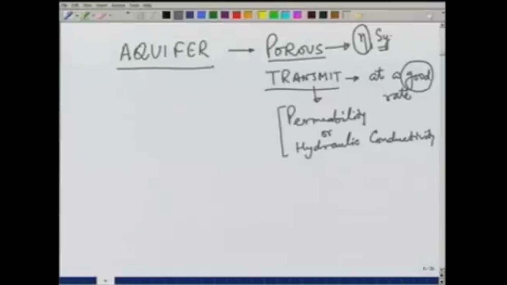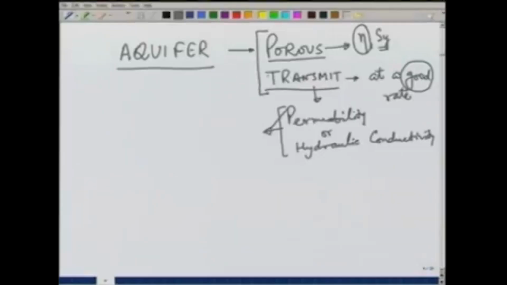So, if the hydraulic conductivity is larger, that means the water can be transmitted at a faster rate for the same conditions. It has a porosity which is high or specific yield which is high, and it has a high hydraulic conductivity also. The example of an aquifer would be a sandy or gravel kind of formation. So, the aquifer is able to store and transmit water at a good rate.